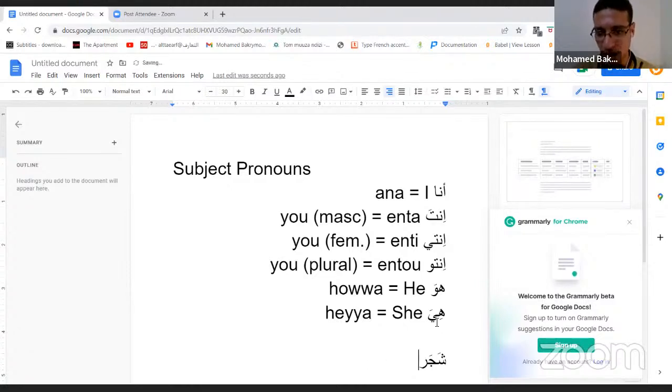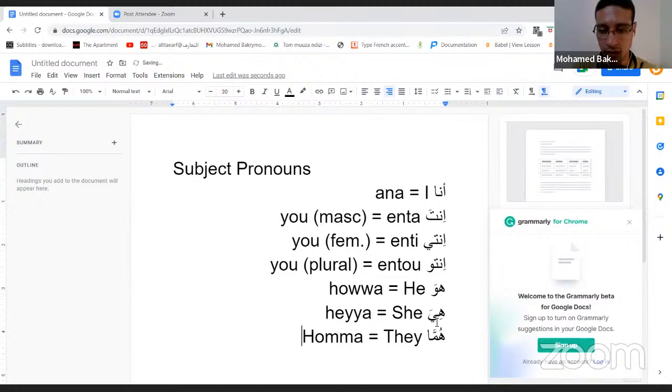Okay. The next one is humma. Humma is they. I have this small character like a small number 9 above the letter. This is called dhamma, which means it's pronounced o, a short vowel.